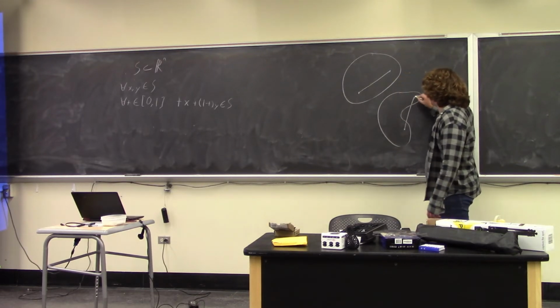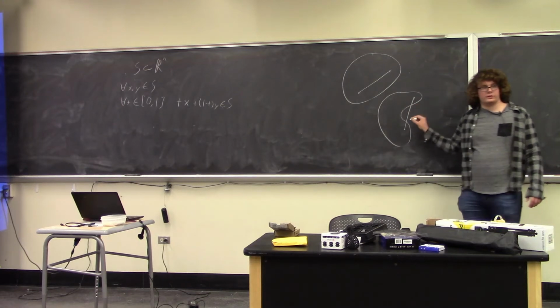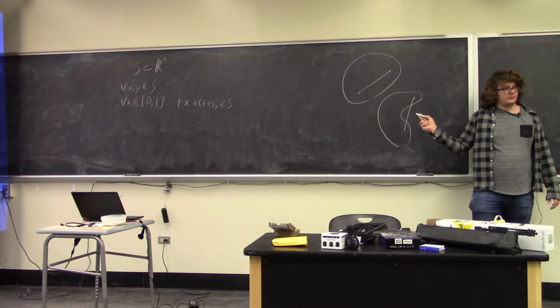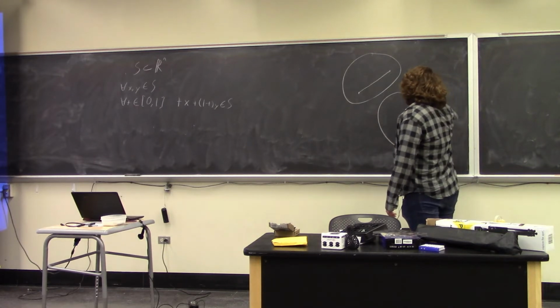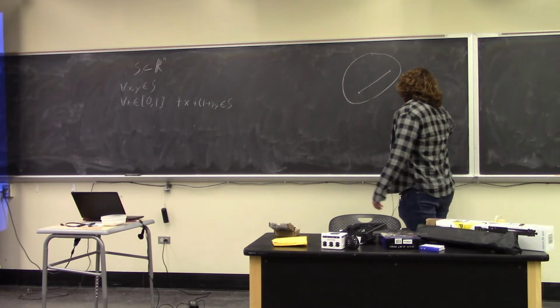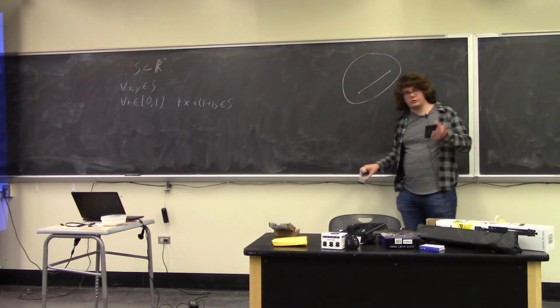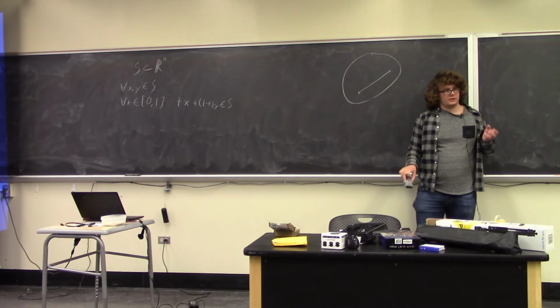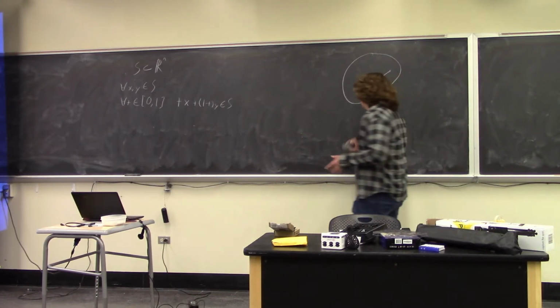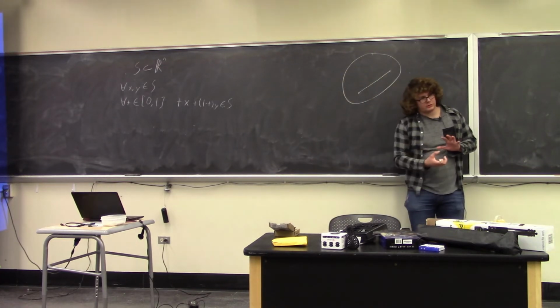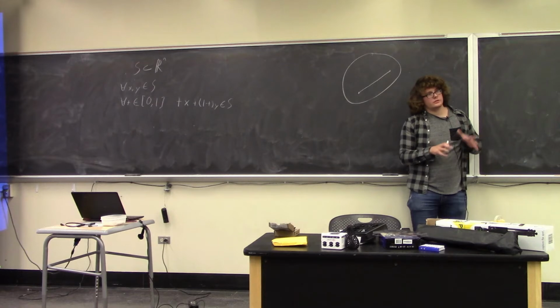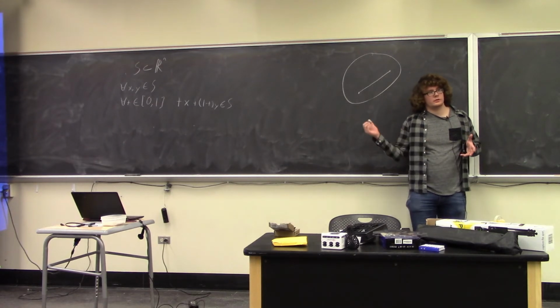If you have a line segment between them, then there are points on the line segment which aren't in the set. So a convex hull of a set of points is just the smallest convex set which contains all the points. And you can sort of see why, if you have n plus 1 points in Rn, the convex hull of that is just a simplex, just based on how we defined it.